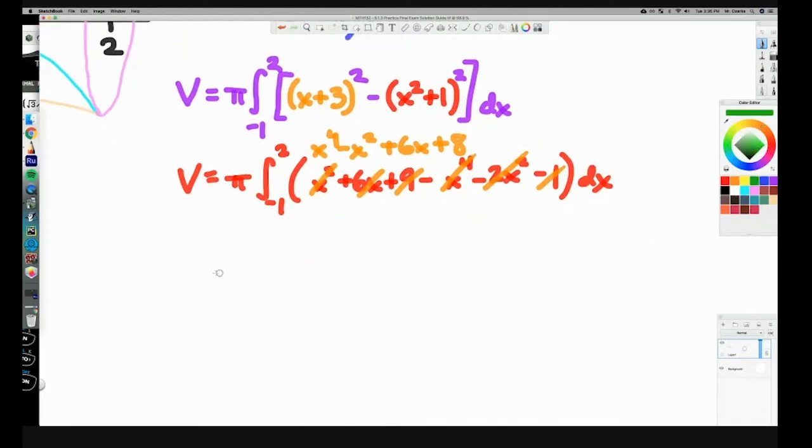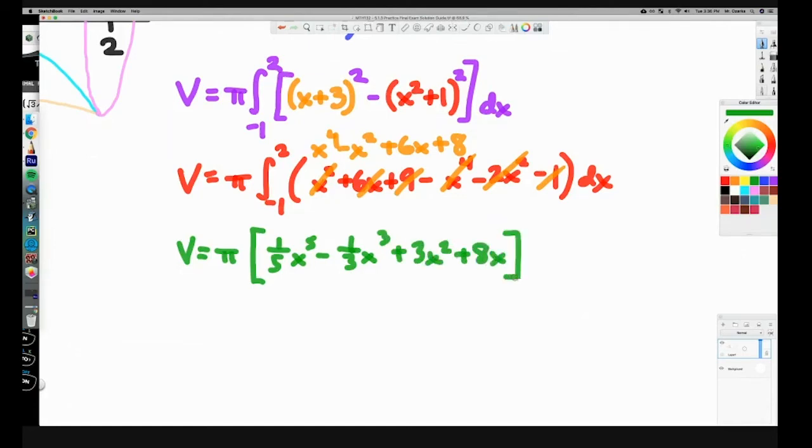I haven't done any real calculus yet. It's just all algebra. Okay, I'm going to do the antiderivative here: 1/5 x to the 5th minus 1/3 x to the 3rd plus 3x squared plus 8x. And we're integrating this from -1 to 2.